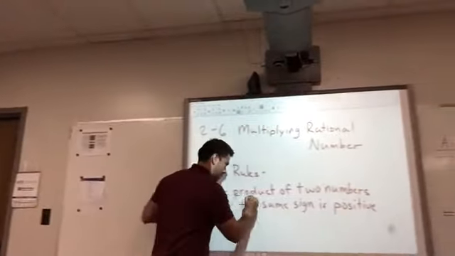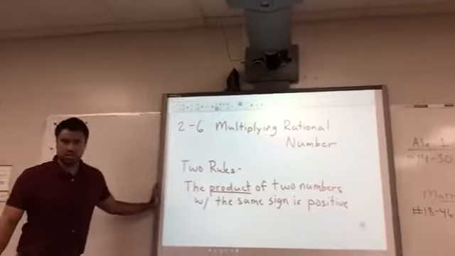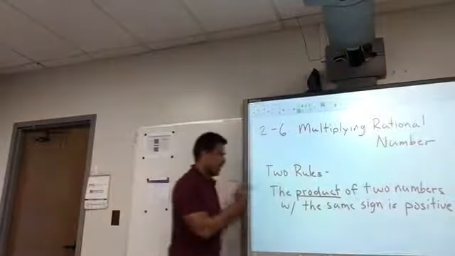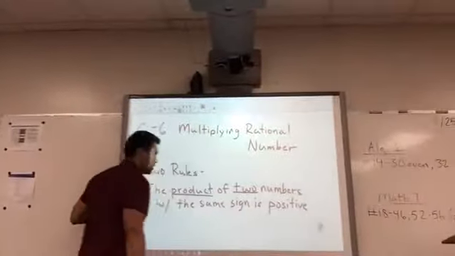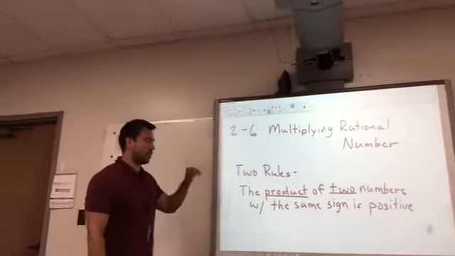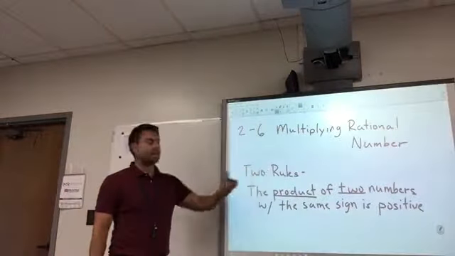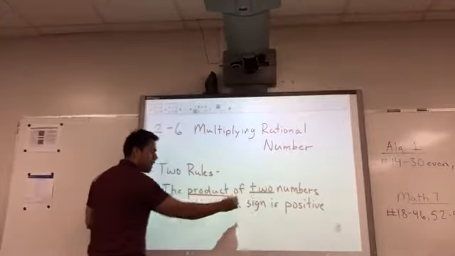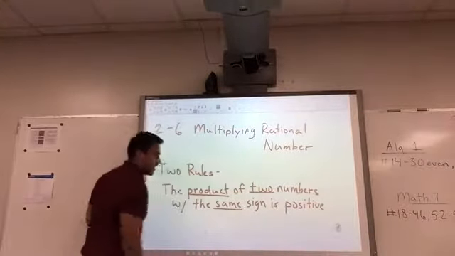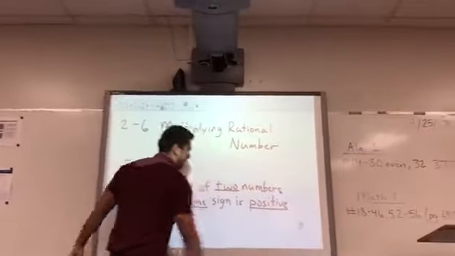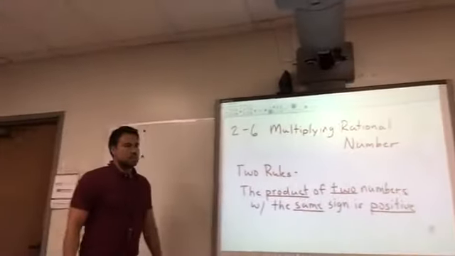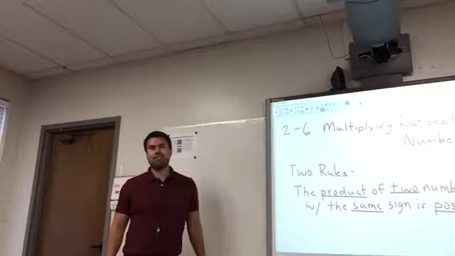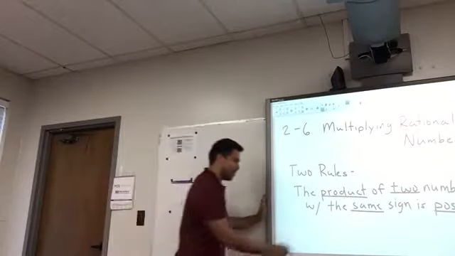And we're talking about product, which is referring to which operation? Multiplication. And we're talking about two numbers, okay, not 3 and 4 and 5, although this can apply to that. It's worded slightly differently. So multiplication of two numbers with the same sign is going to be positive. Okay? So what's a positive times a positive? Positive. All right, so here we go.